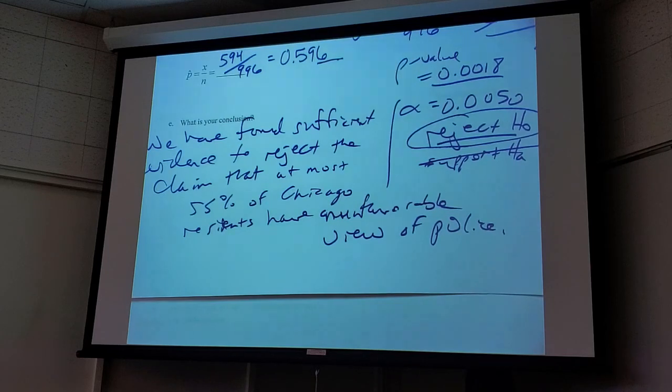Pretend like that's what that says. So basically, if you want to put that into real English, we showed that the Chicago policeman's claim looks to be false. We found evidence that it's wrong, that actually more than 55% have an unfavorable view of their local police.